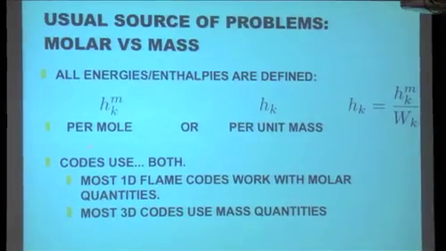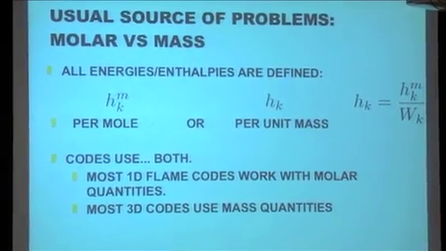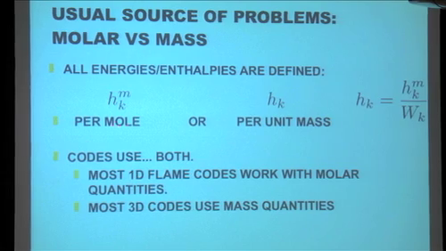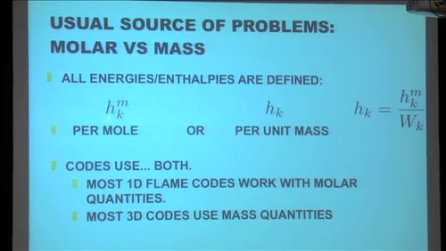The Chemkin community, the people doing simple chemistry, most of them work with mole fractions, mole quantities, molar enthalpies, and people doing 3D codes, most of them work with unit mass. And of course, the trick is not to get confused going from one to another. You go simply from this guy to this guy by dividing by the molecular weight, but you want to be sure which one you're using.